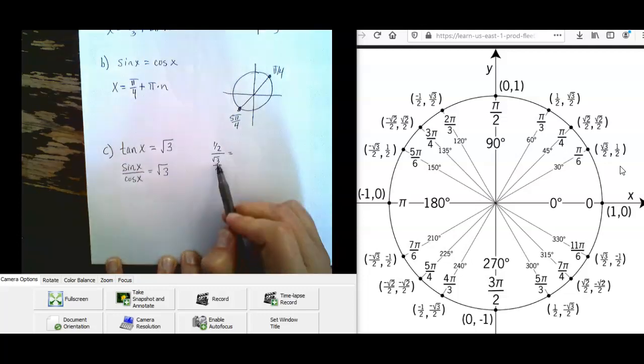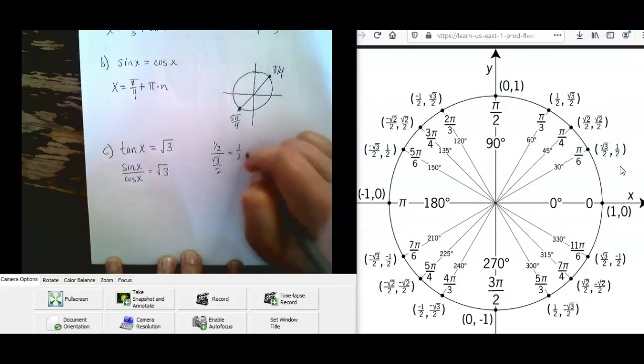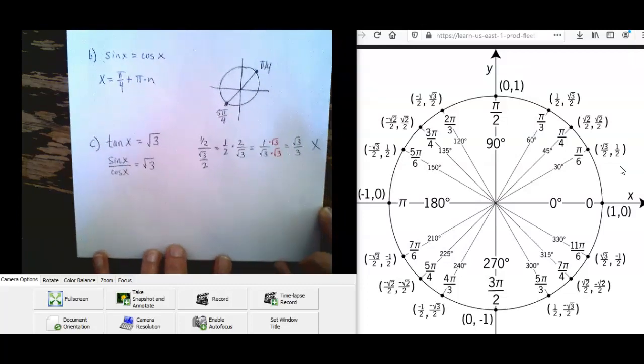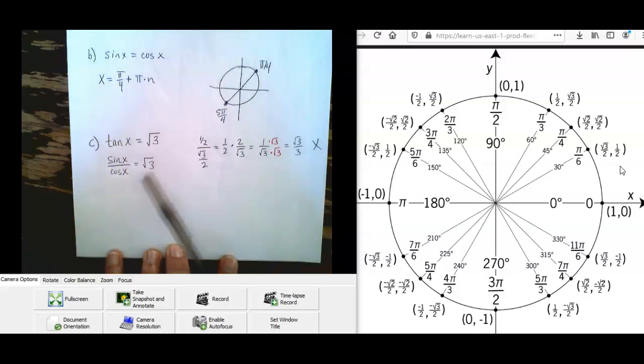Remember, we're dividing two fractions, so we can multiply them, but change the second to its reciprocal, which is 1 over the square root of 3. If we rationalize, we'll get root 3 over 3. So this is not the solution that we are looking for, right? Square root of 3 divided by 3 is not equivalent to the square root of 3. So let's switch them around.